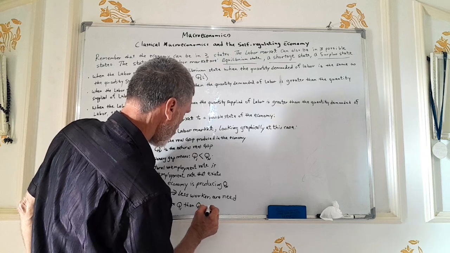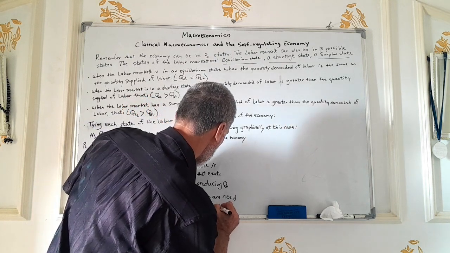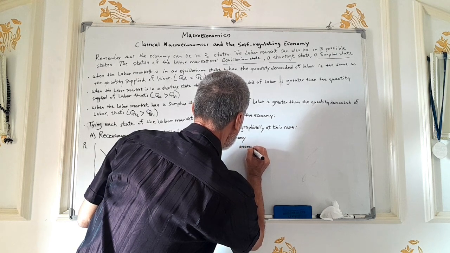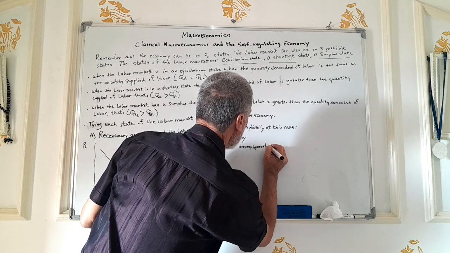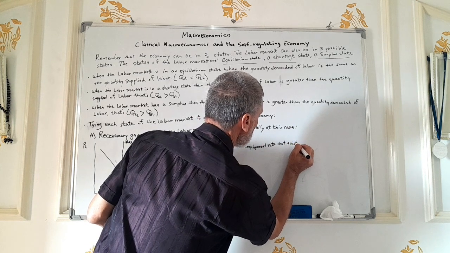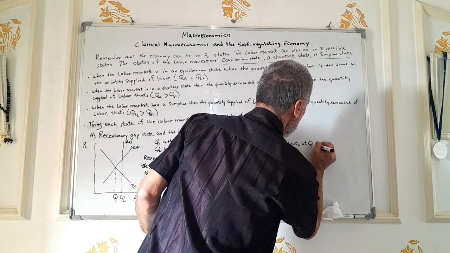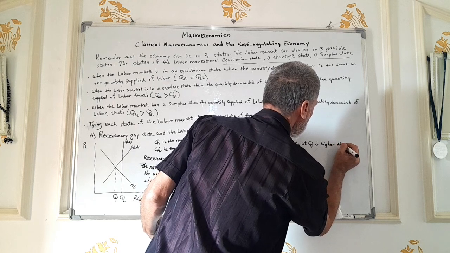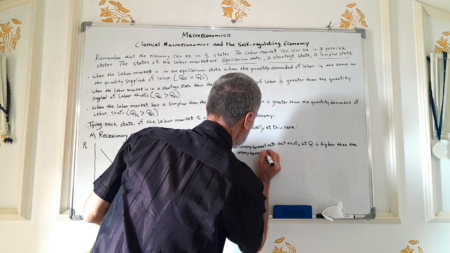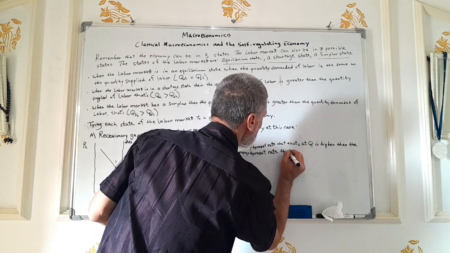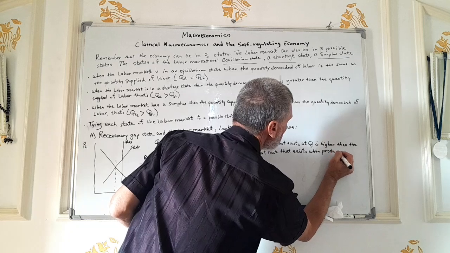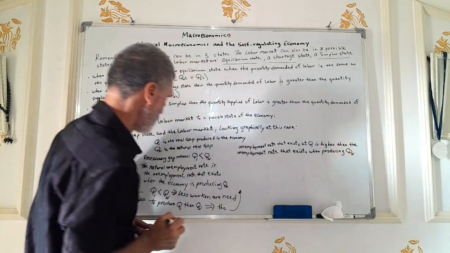So this implies that the unemployment rate that exists at Q1 is higher than the unemployment rate that exists when producing Qn.